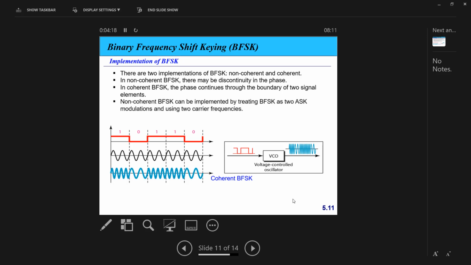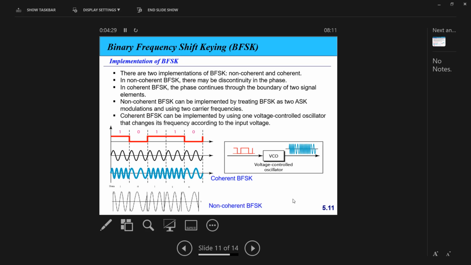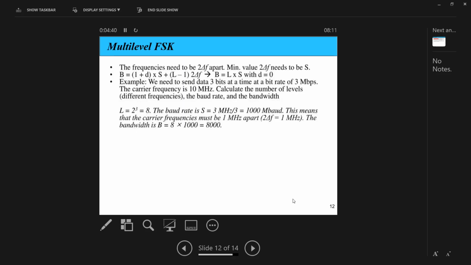Or we deal with this binary FSK as two separate amplitude shift modulations with two separate carrier frequencies, and in this case we will have non-coherent binary FSK, and we may have a disjoint in the phase. But in coherent FSK we will have continuous phase. Okay, and we stopped on these examples.